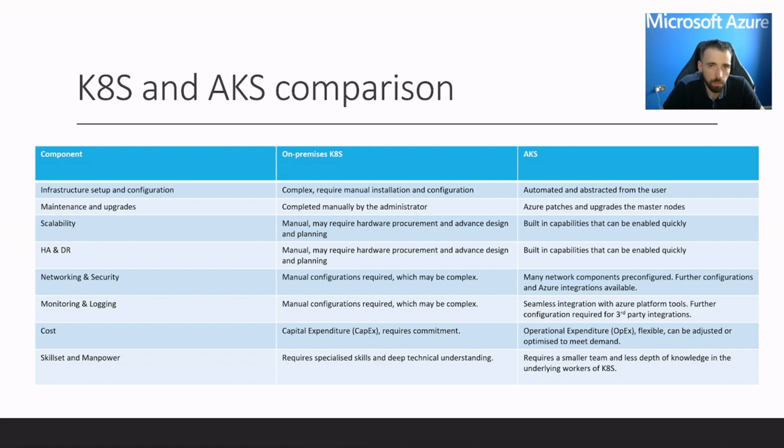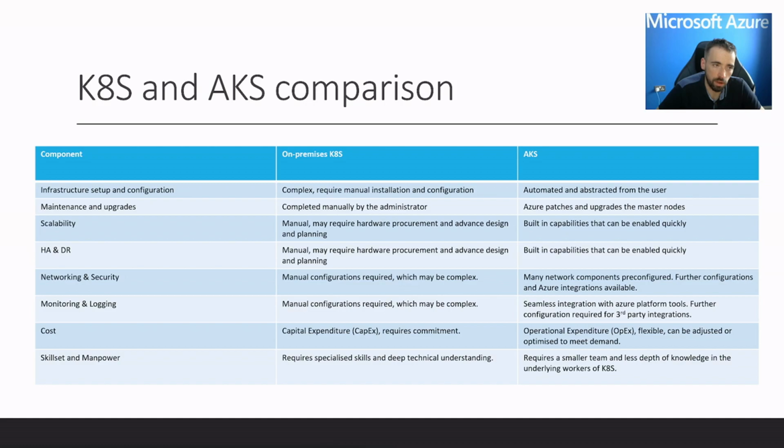Finally, we've got skill set and manpower, and both on-premises Kubernetes and Azure Kubernetes Service require specific skill sets. However, a Kubernetes cluster on-premises certainly requires more technical depth than on Azure, due to the way that Azure takes care of many of the underlying components of Kubernetes for us.